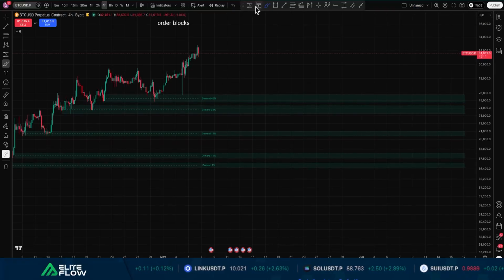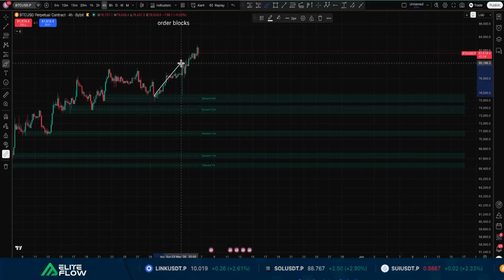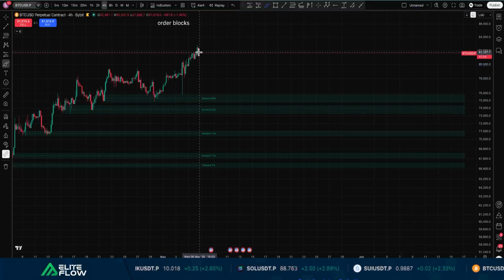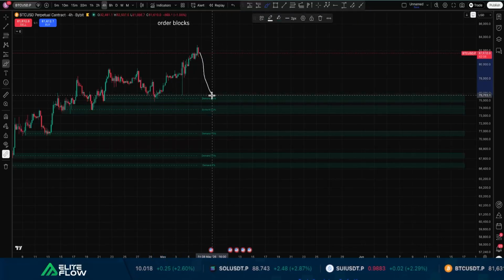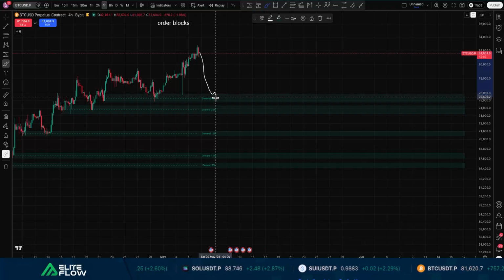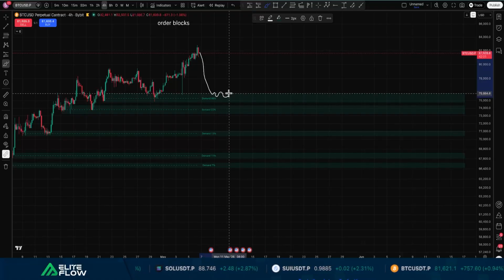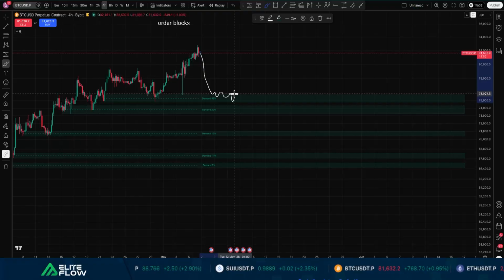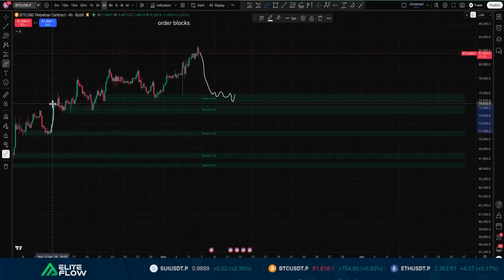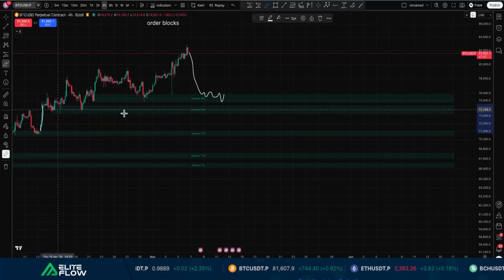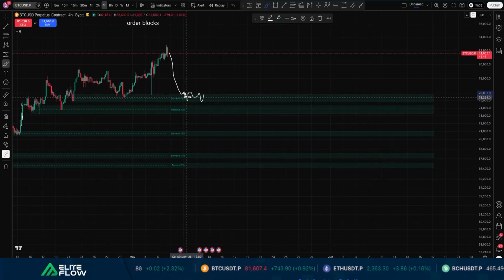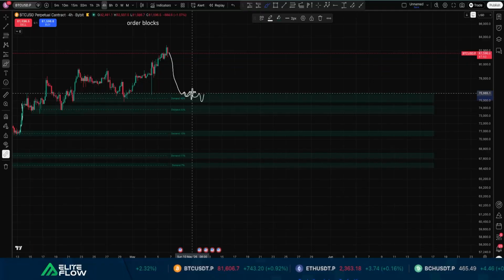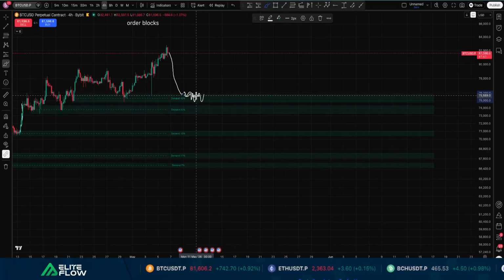Another one is, as you can see, they give you big reactions, right? If you come crashing down and you don't get that reaction, you're staying sideways like this, you're even going down a little bit, that is a red flag for me. Order blocks, you get a big reaction up. If you stay flirting with it, staying along here, you're not getting much of a reaction, you're delaying, be careful.